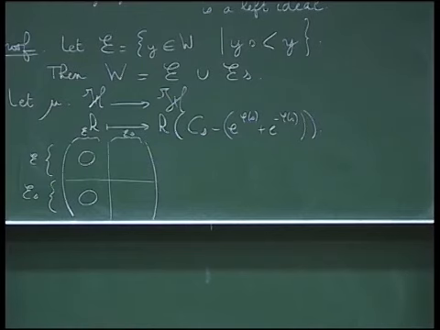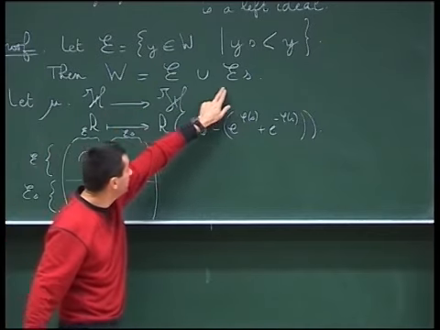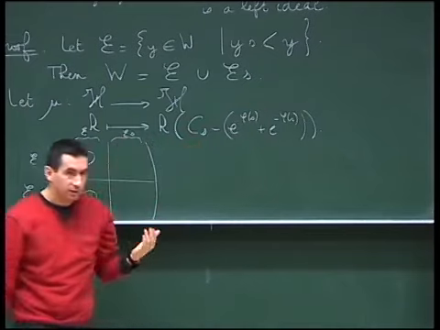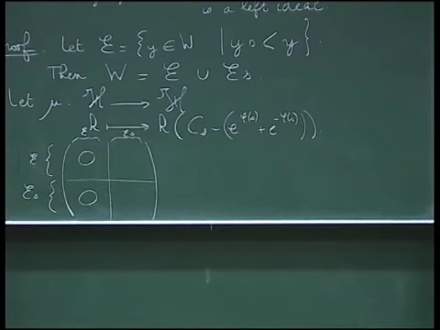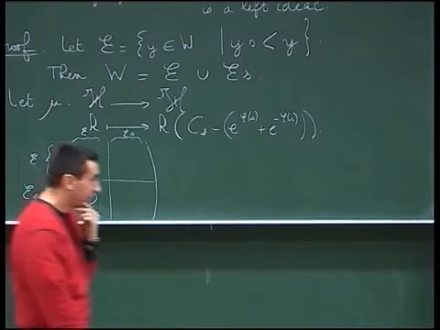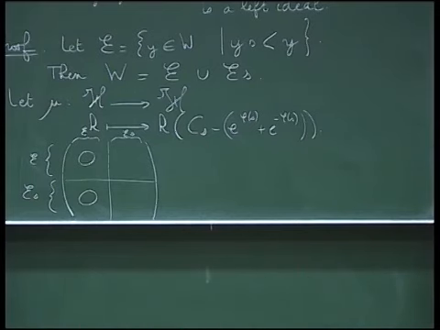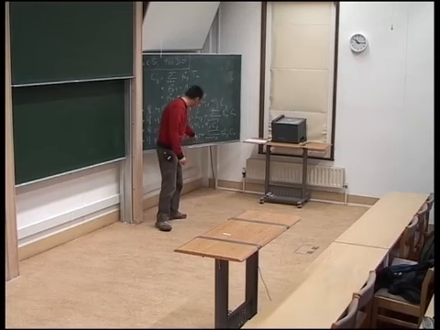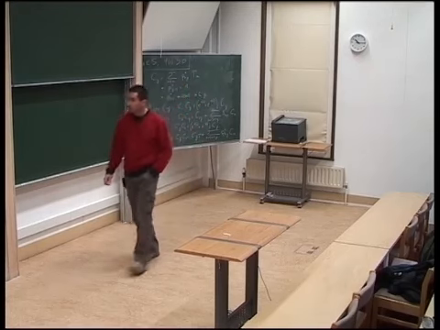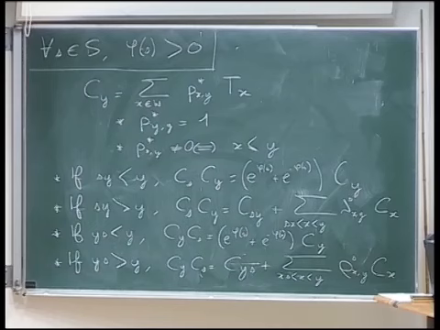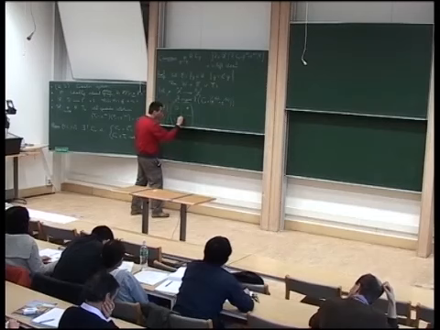And if you multiply a CY such that YS is greater than Y, so if you look at what you obtain, it's given here. You obtain only elements which live in E. So you obtain something here, and you have a diagonal coefficient.